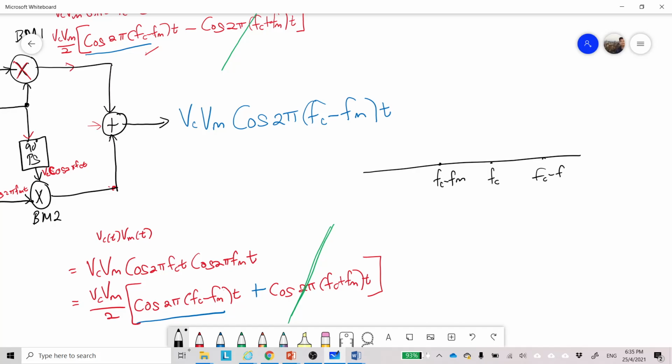Okay, this is F, so this is the frequency axis. And here we have the amplitude, which is VCVM. Okay, there's no carrier component, no carrier component, no upper sideband.